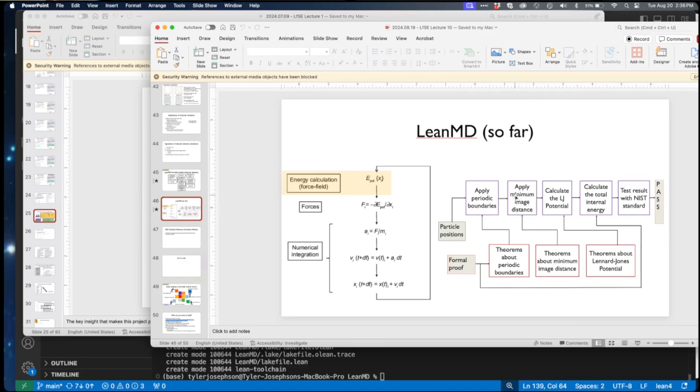The distance of interaction is between the molecule and its nearest image of it. And I guess I need to get a picture of that too, which I have here.